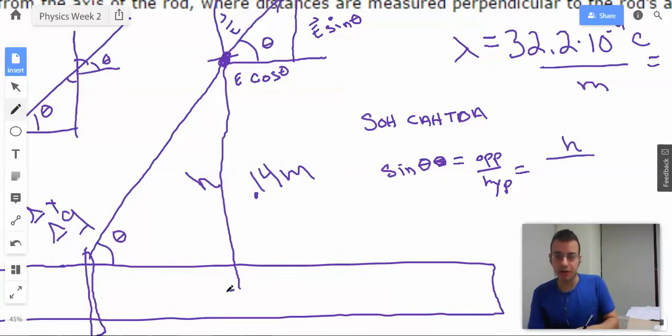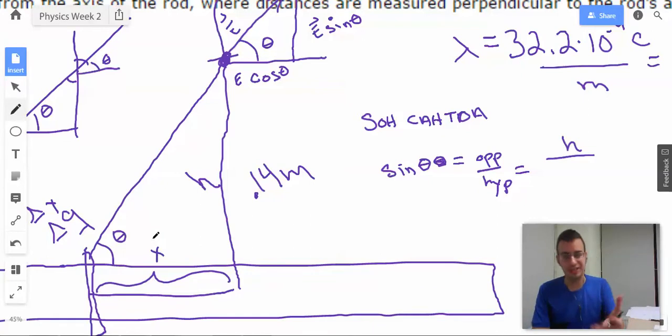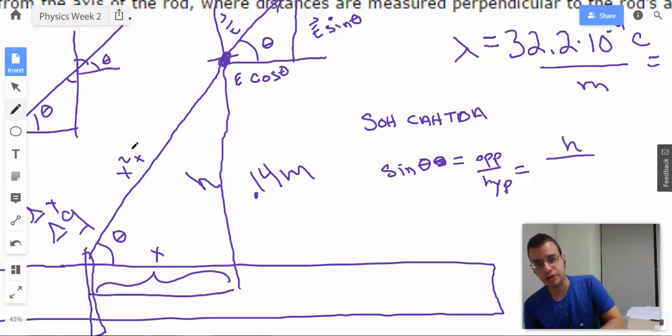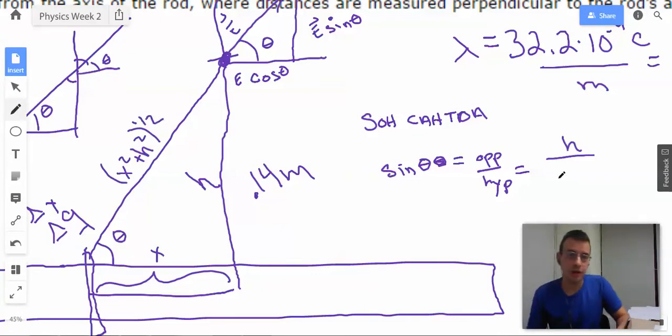I'm going to call this value right here X. I should probably call it negative X, but I'm not going to. It's just going to be called X. I could do it on the other side, and then it would just be positive X, but it doesn't matter. So this right here will be X squared plus H squared square rooted, so X squared plus H squared to the 1/2.